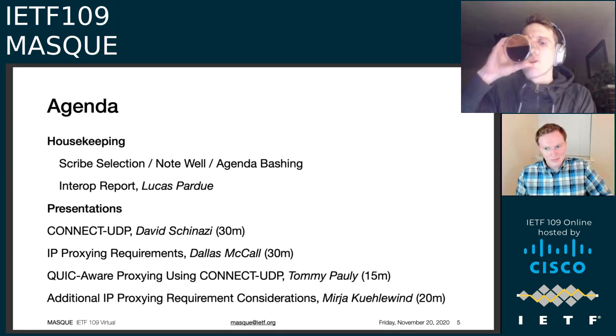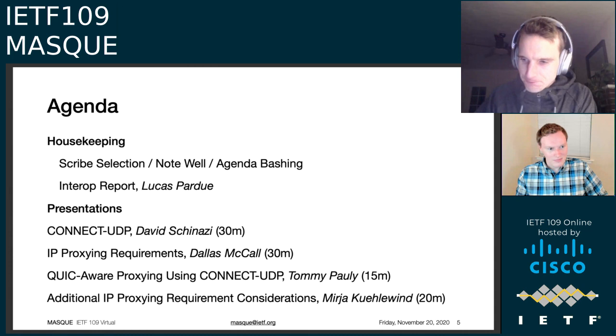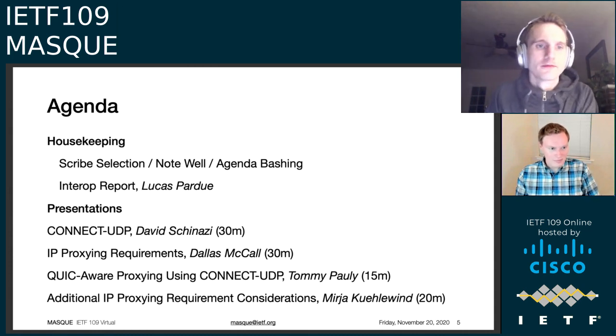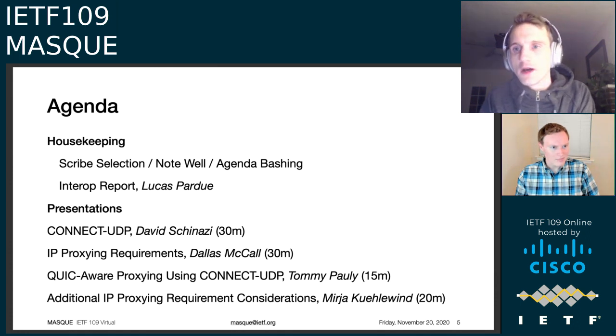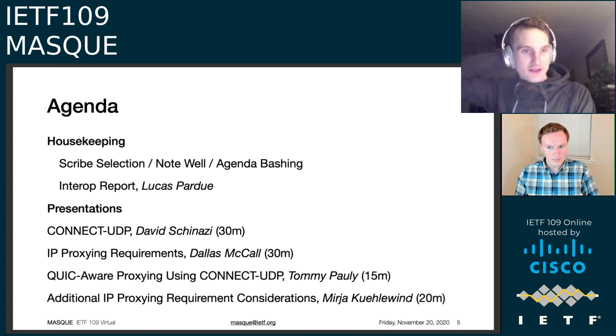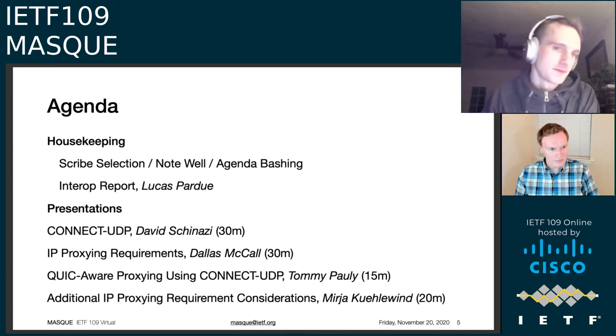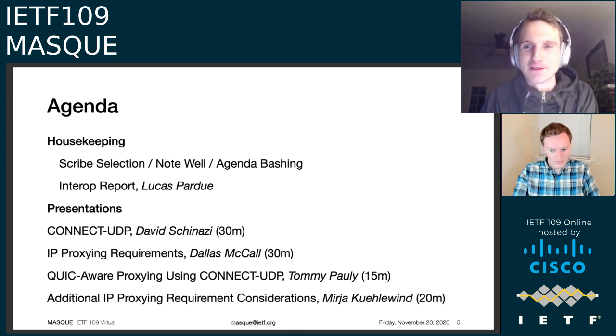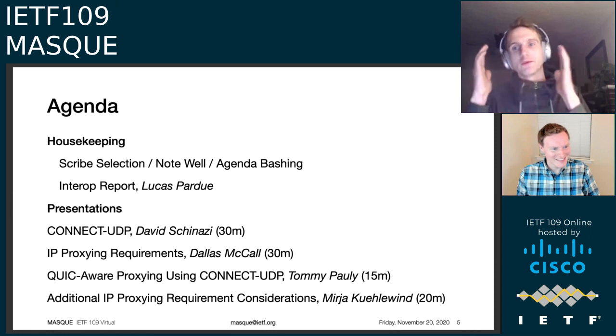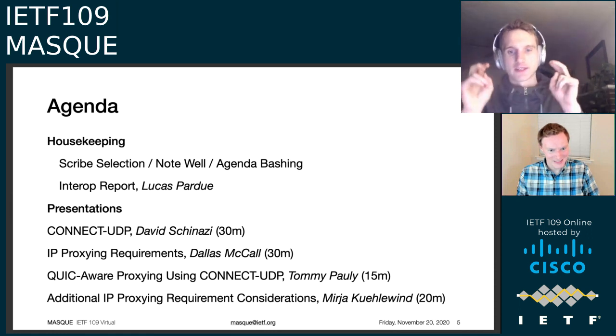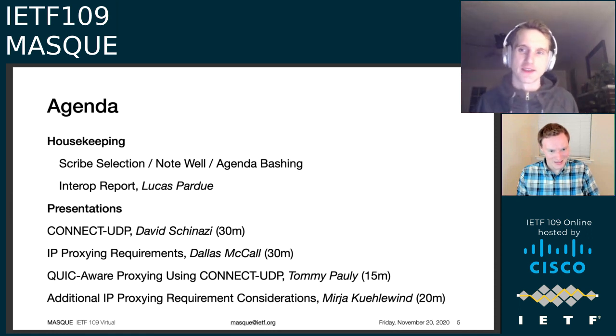And it may be a little bit less whiplash and better for the conversation if we can talk about them together, if that's okay with people. I don't know if people have objections to that. From my perspective, that seems quite reasonable. I'd like to at least avoid context switching as much as we can, given the hour of day for most people. The proposal was to lump together the Connect UDP presentations and then lump together the IP proxying requirements at the end.